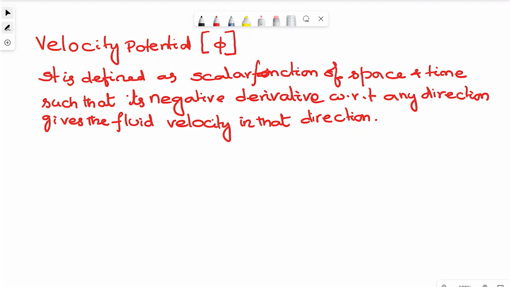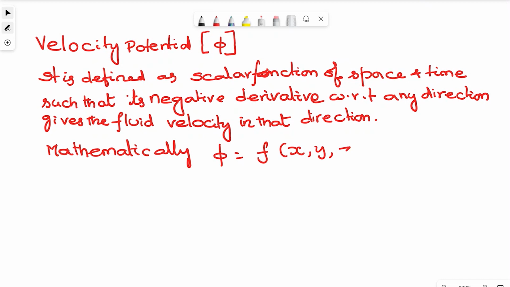For example, mathematically, phi is a function of x, y, z, t.